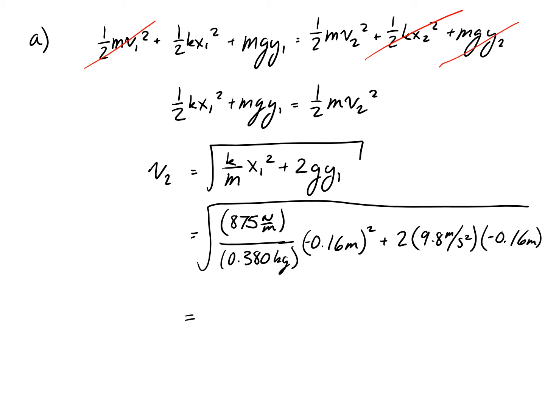So now we take this and we plug it into a calculator. Be careful that you do not forget this squared here. It is the most common thing I see happen in conservation of energy questions when algebra has occurred: squares have been getting dropped.